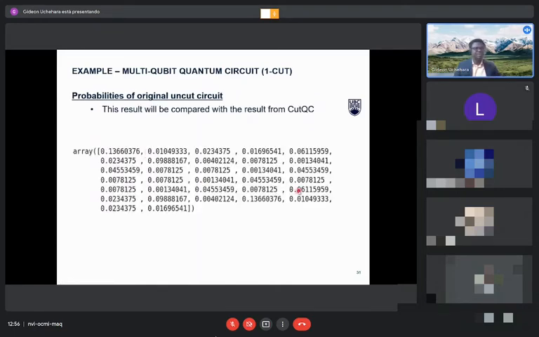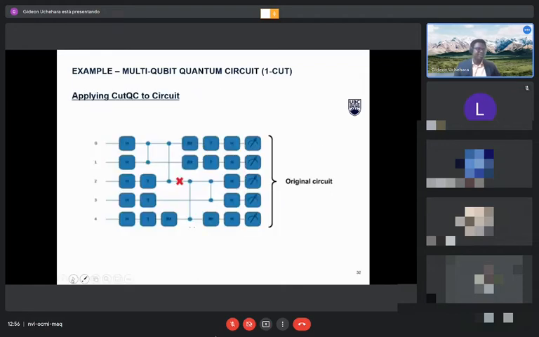This is the probability distribution for the uncut circuit, without applying cut QC. Now we want to apply cut QC to this original circuit, and in this case, I've chosen to cut this circuit on qubit 2 at this point of the qubit.